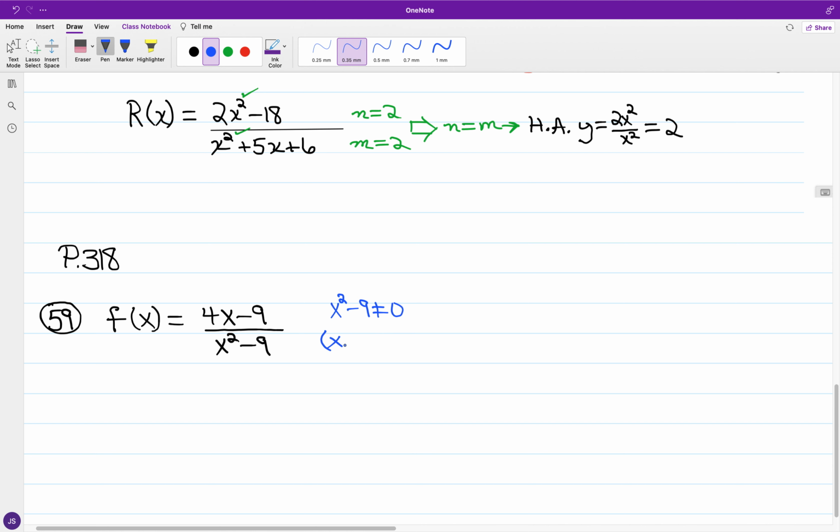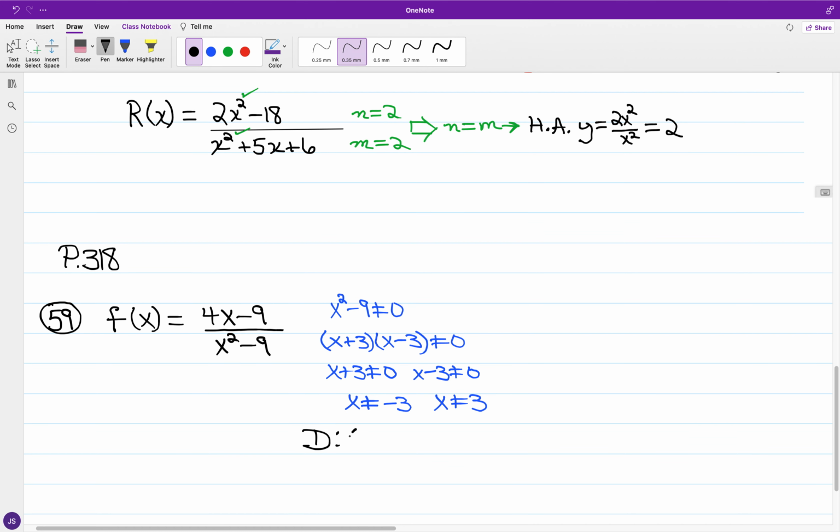So again this difference of squares shows up, with the factors x plus 3 and x minus 3, neither of which can be 0. For x plus 3, x cannot be -3. And for x minus 3, x cannot be equal to 3.